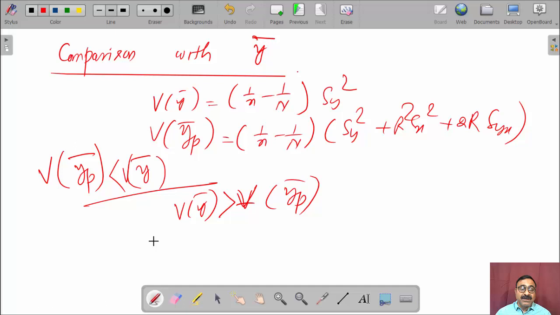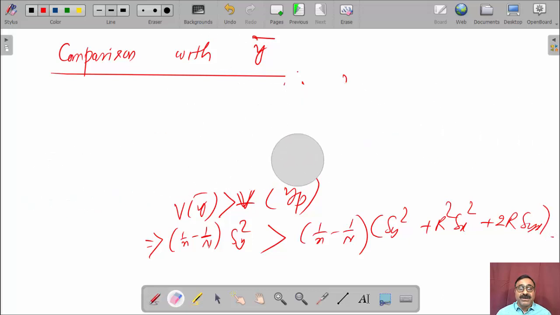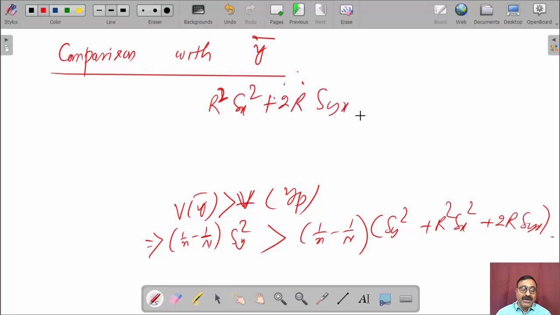That implies 1 by small n minus 1 by capital N sy square is greater than 1 by n minus 1 by N, sy square plus r square sx square plus 2r syx. So we prefer the product estimator when r square sx square plus 2r syx is less than 0.